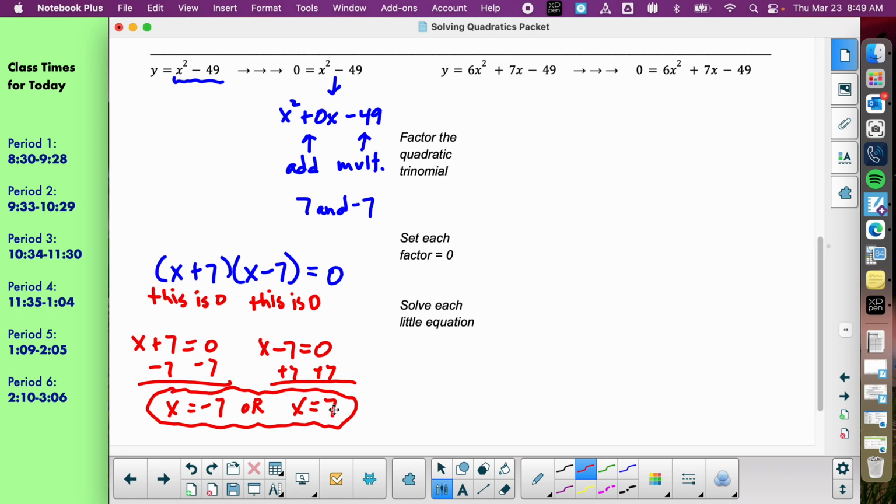If I would put 7 in place of x up here, what would be my answer? X represents the number, so you would put 7 in place of x.